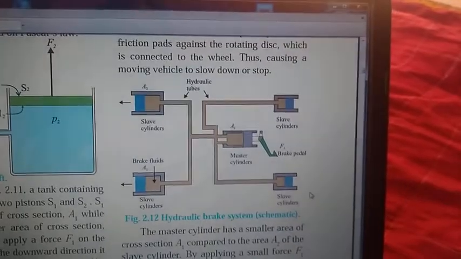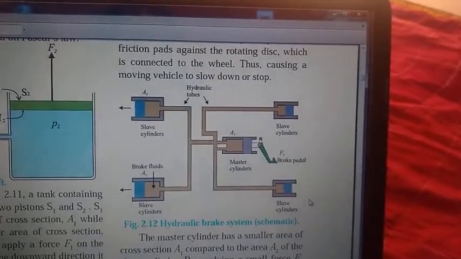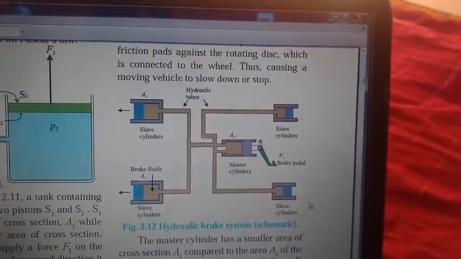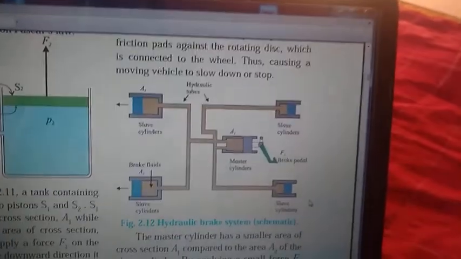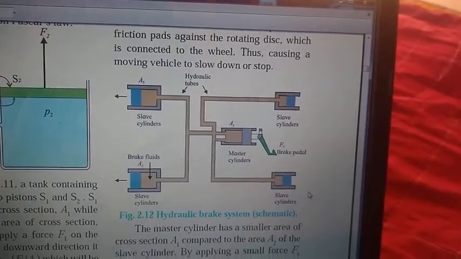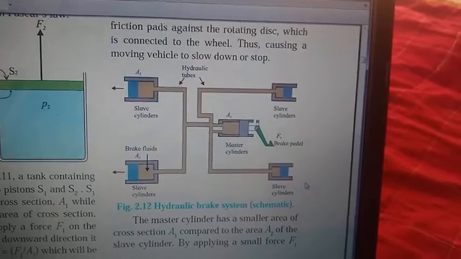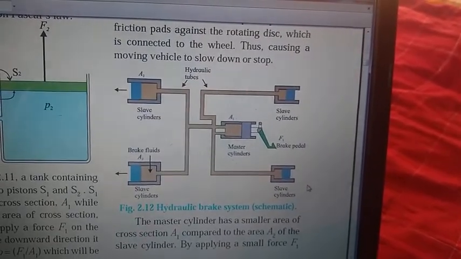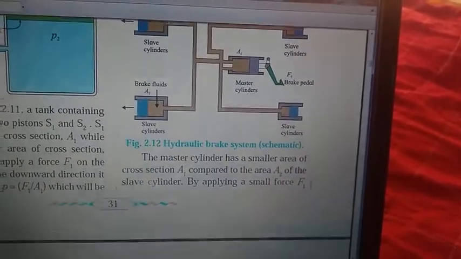So the same relation, that is F2 is equal to F1 by A1 into A2, is considered here, and by applying a small force on the brake pad, a larger force is created towards the slave cylinders, and it is easy to stop the vehicles. So basically these are the two applications.